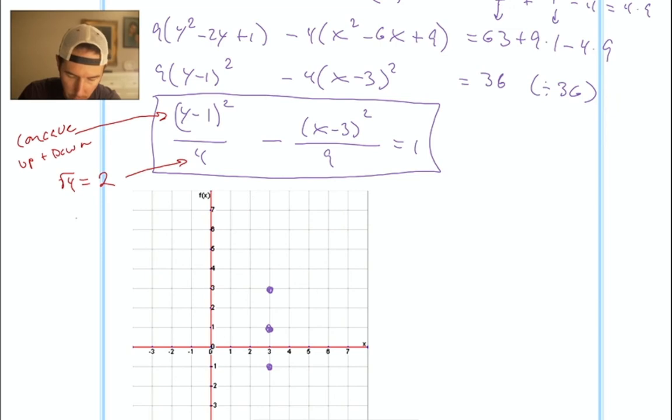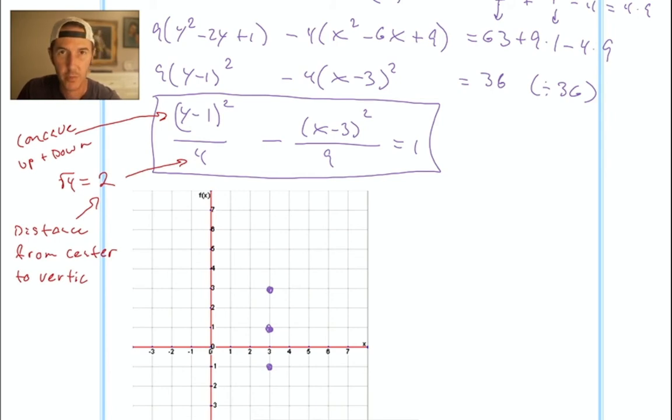We could also put a note that this 2 is the distance from center to vertices. Actually, it should be vertices, V-E-R-T-I-C-E-S. I'm pretty sure that's correct. Distance from center to vertices.